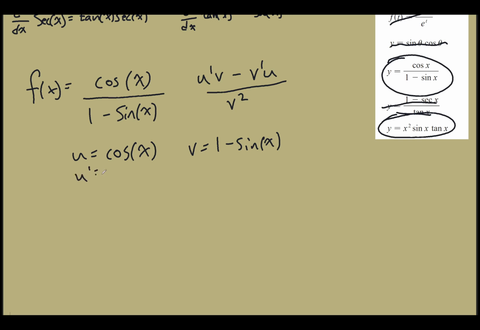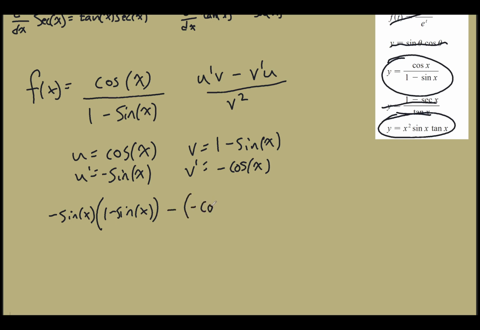U prime will be negative sine of x. V prime will be, that's nothing, so negative sine of x. His derivative is negative cosine of x. Okay, we have what we need. We have a negative sine x. That's our u prime, our v, 1 minus sine of x, minus v prime, negative cosine of x.